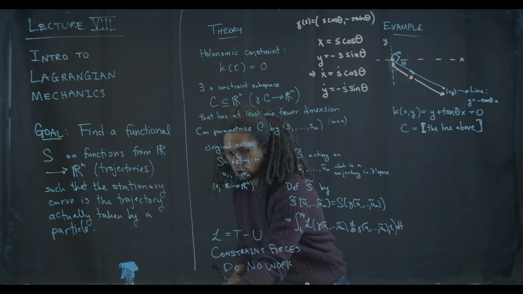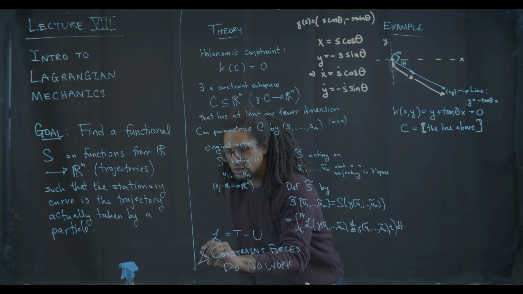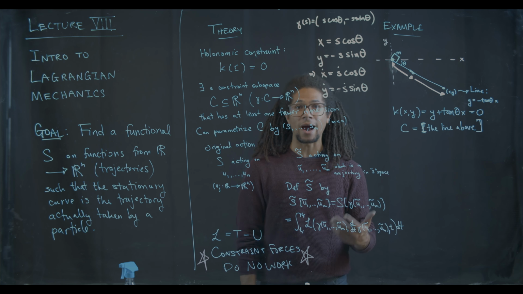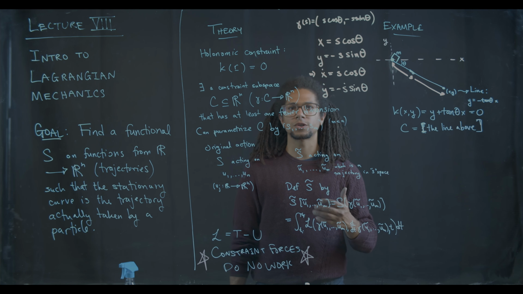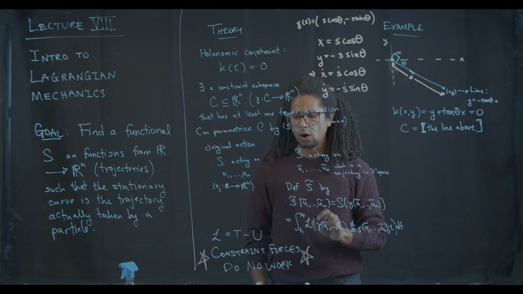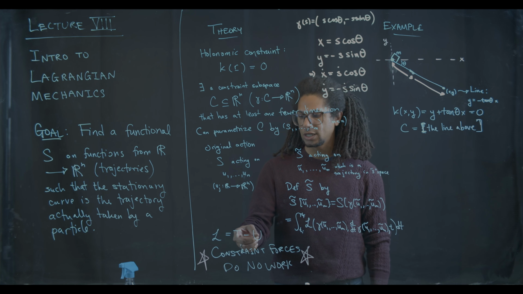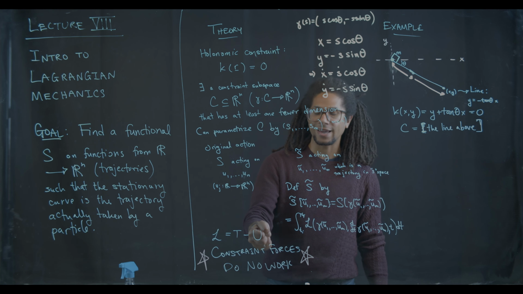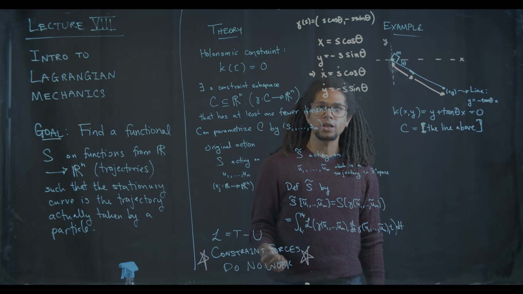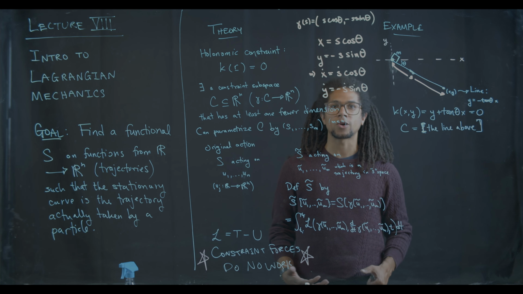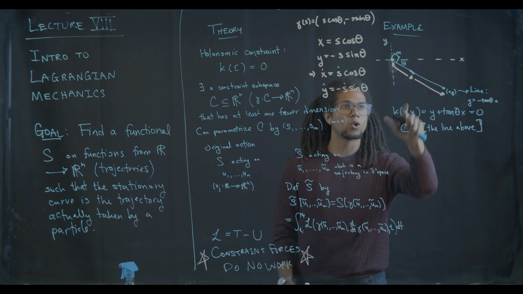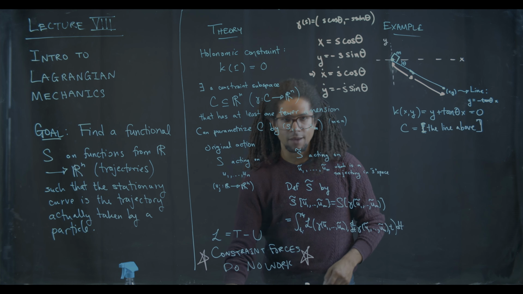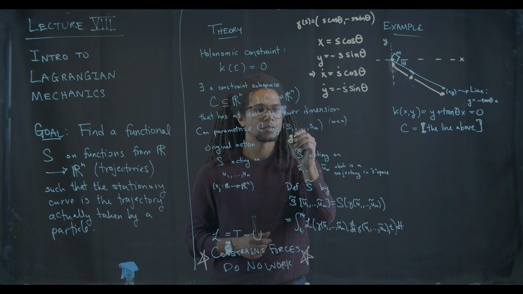Let me put some stars next to this because it's so important. It's the whole reason that this technique is so powerful. Constraint forces do no work, and so they don't change either T or U. We get to keep the kinetic energy and the potential energy. The only thing we need to do is reparameterize our system using coordinates like s. These coordinates, by the way, are given the name generalized coordinates.